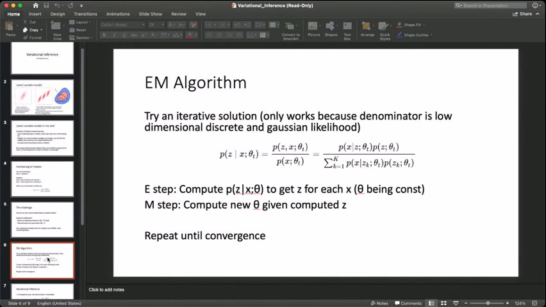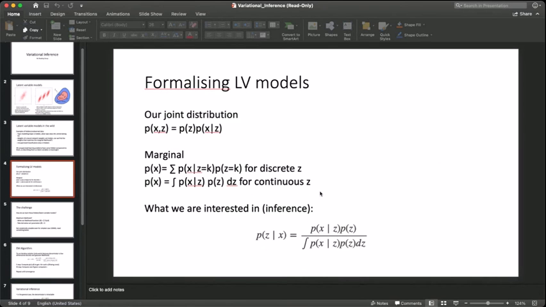Now, let's try linking back to the formula we had down here. I'm defining x as our observed variables and z as our latent variables. Since z is discrete, it's a categorical distribution, 3 classes, or however many, an example above 3. So instead of the integral down here, we're going to use the sum, right?